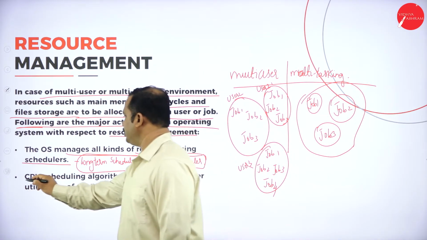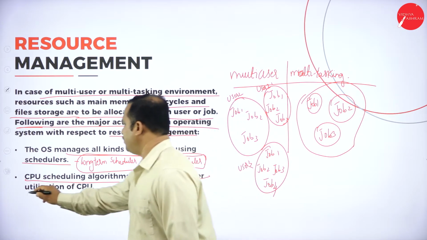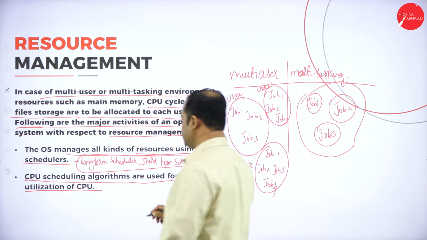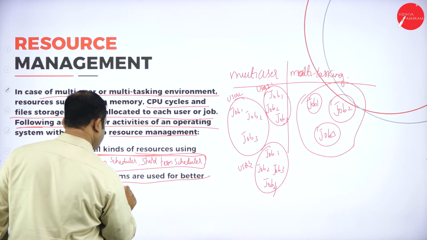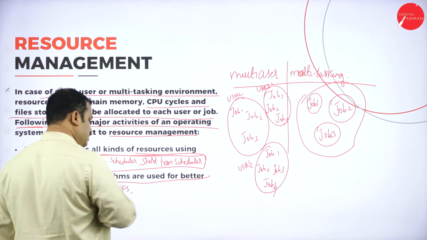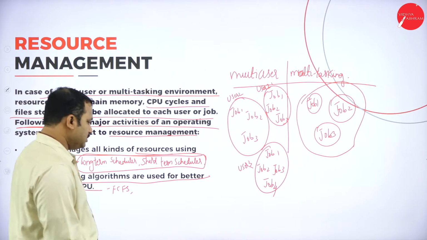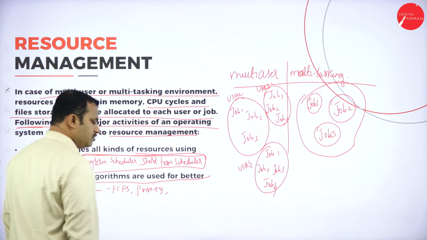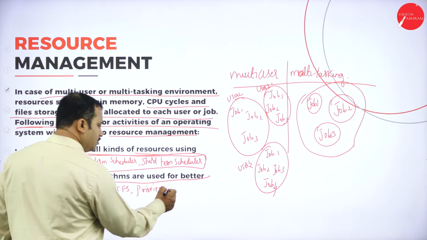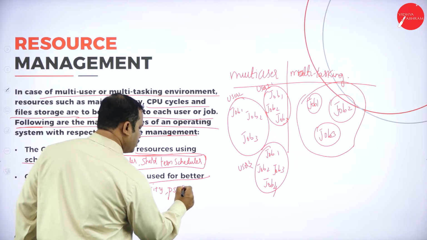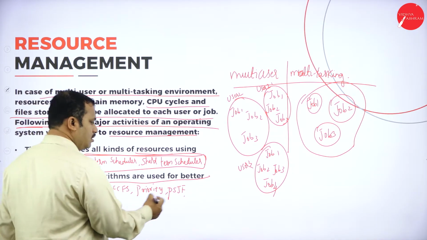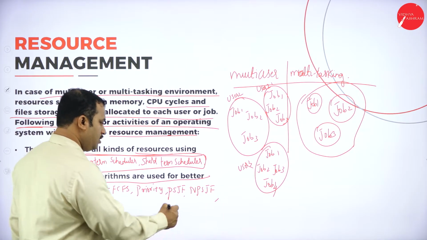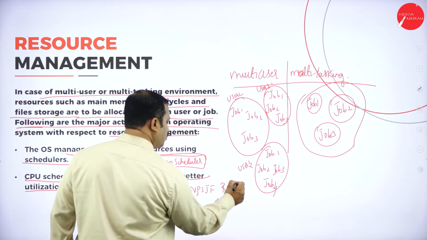Then CPU scheduling algorithms are used for better utilization of CPU. That means CPU scheduling algorithms include first come first serve scheduling algorithm, then priority scheduling algorithm, then preemptive shortest job first scheduling algorithm, then non-preemptive shortest job first scheduling algorithm, then round robin CPU scheduling algorithm.